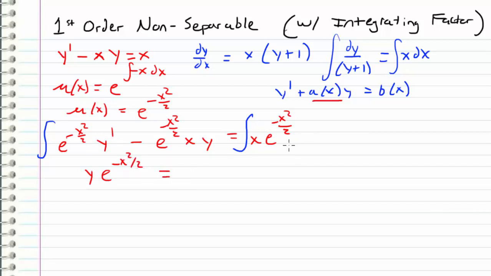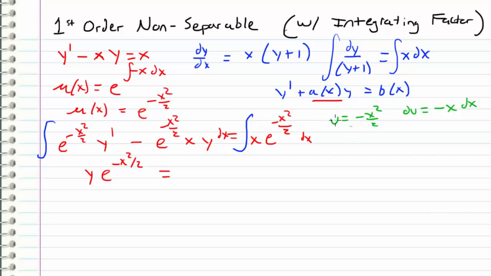And this right-hand side, we have to do a little bit of u substitution. So if we let our u equal negative x squared over 2, then our du would be negative x times dx. And there should be a dx right here as well as right here, since we're integrating both sides with respect to x.